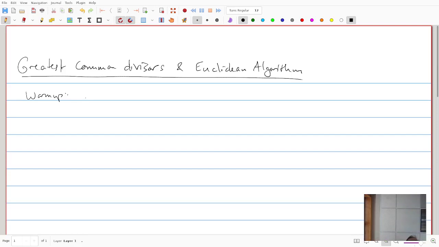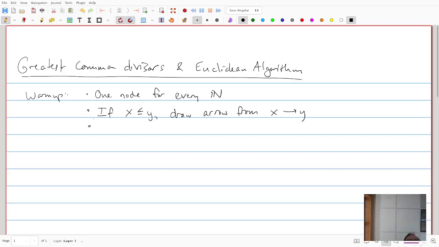I'm going to make a graph, and I'm going to make one node for every natural number, and if x is less than or equal to y, then we're going to draw an arrow from x to y.